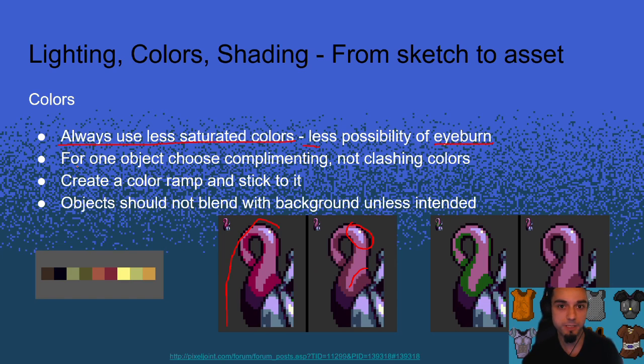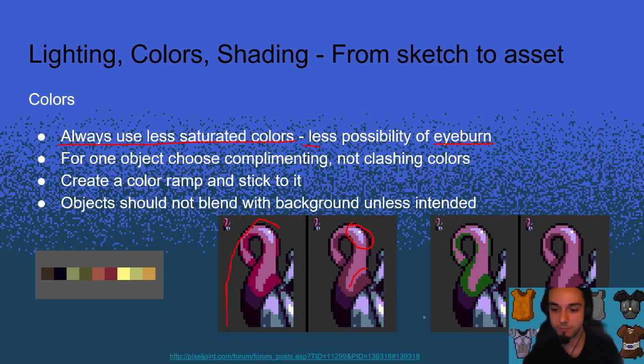Another important thing, again taken from conventional art, is that for one object, choose complementing colors, not clashing colors. Of course, I'm opening some brackets here: if your whole art style is in the direction of completely clashing and screaming colors, go for it. But normally, we want the colors to be more complementing.